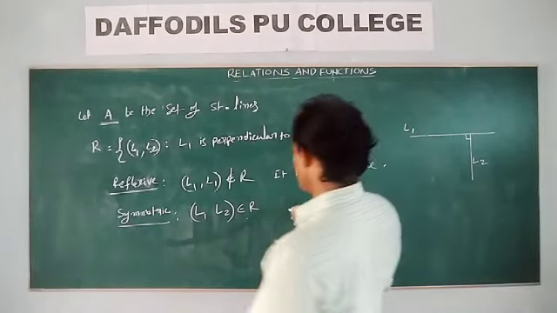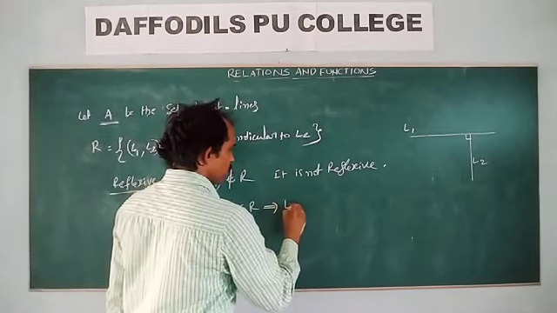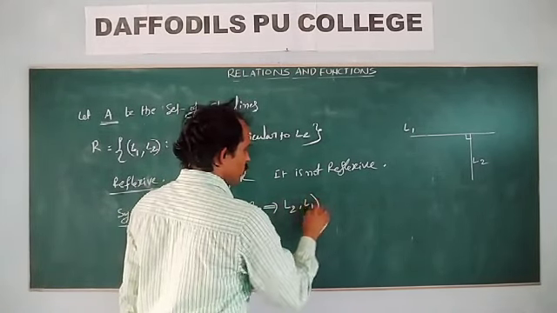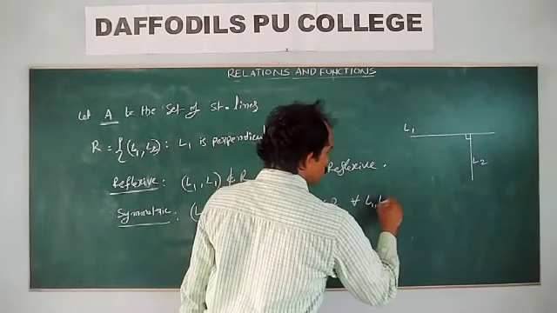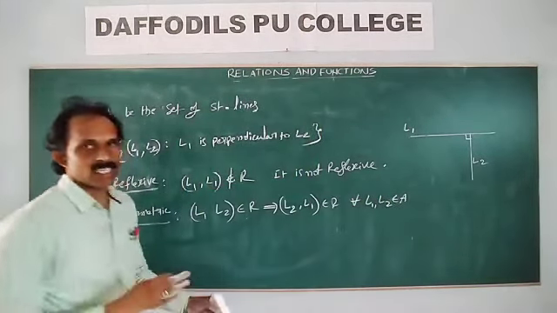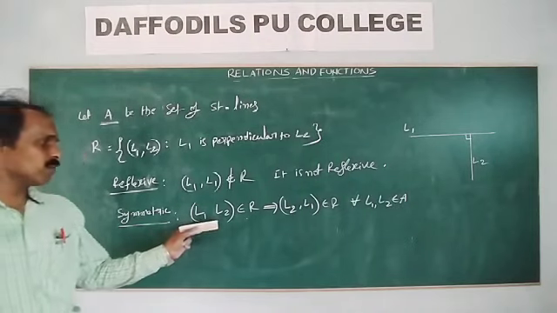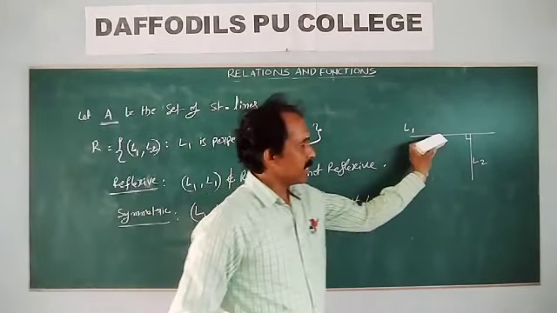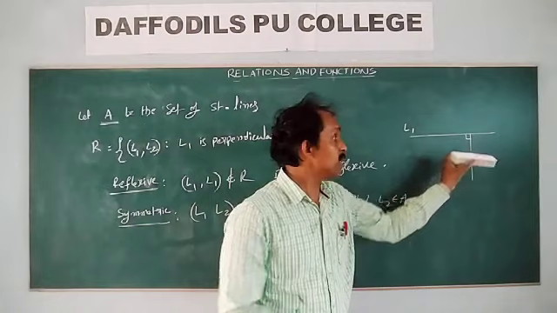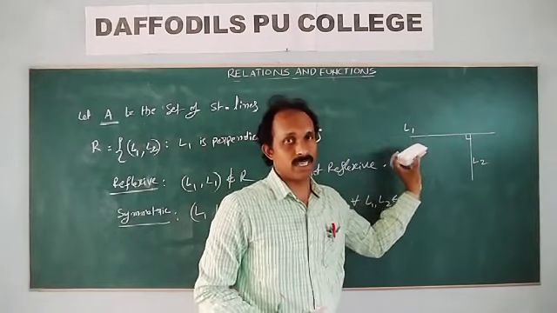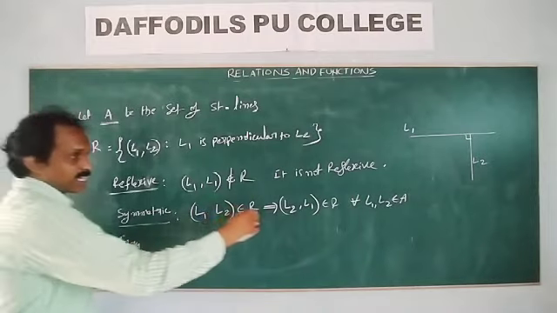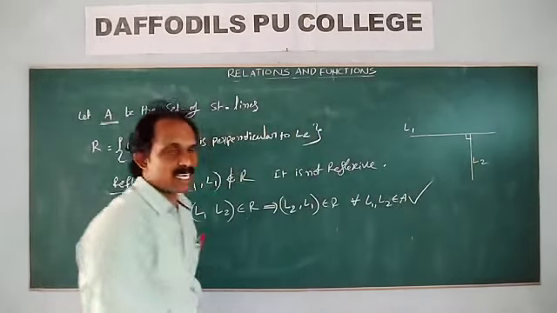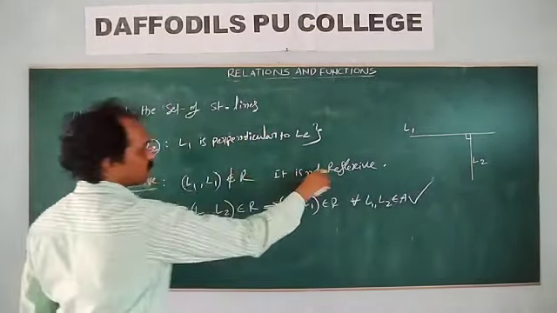So that implies (L2, L1) belongs to R for all L1, L2 belonging to the set A of straight lines. So symmetric is satisfied, reflexive is not satisfied.